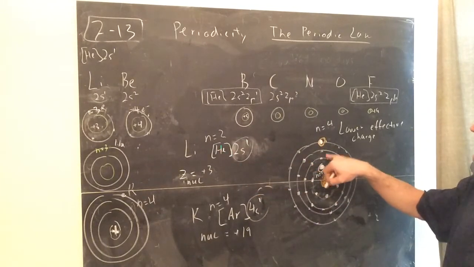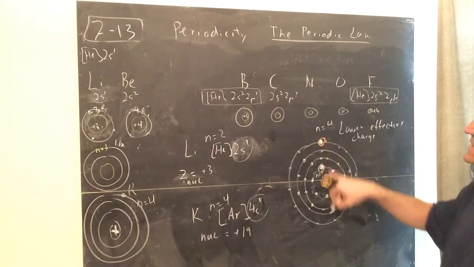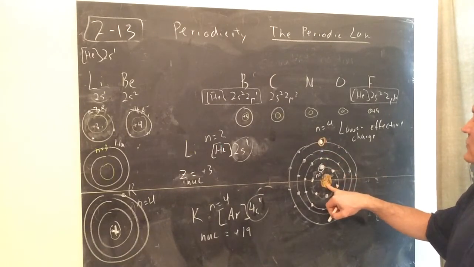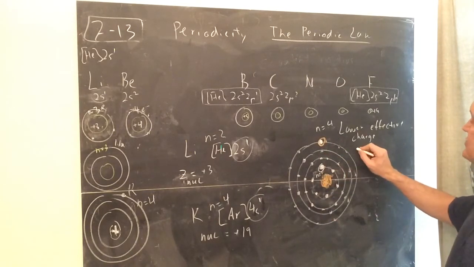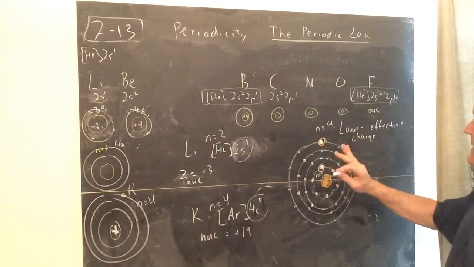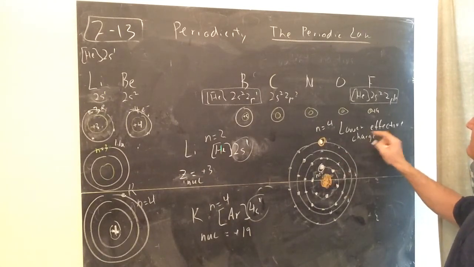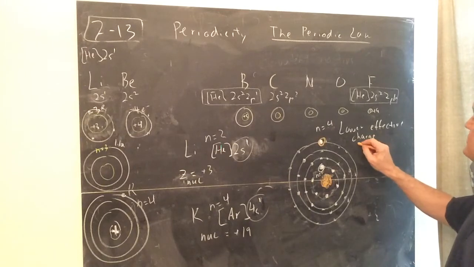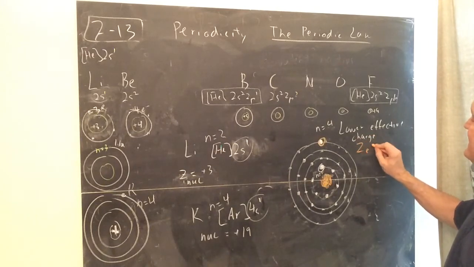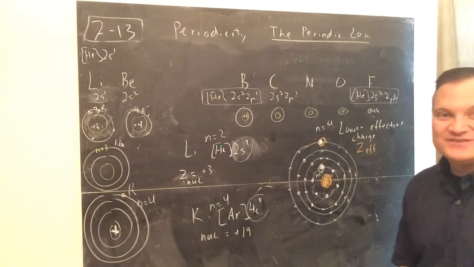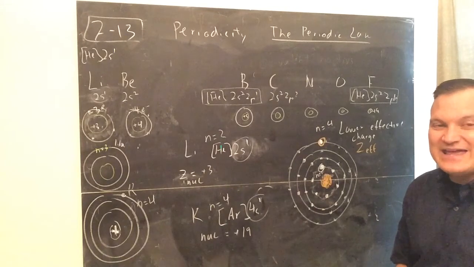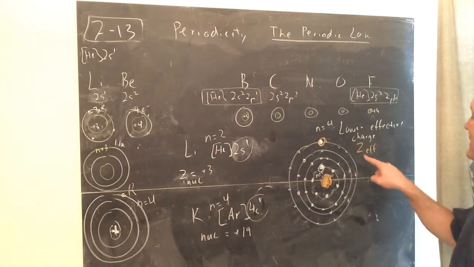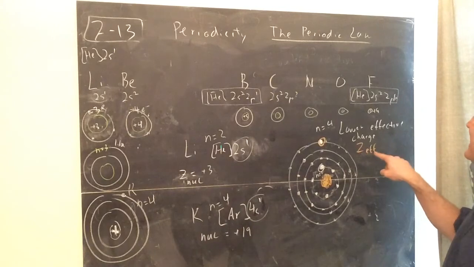This electron that's farther away at n equals 4 experiences a lower effective nuclear charge due to shielding. I'm going to tell you about shielding. The symbol for effective nuclear charge is Z, then EFF, Zeff.